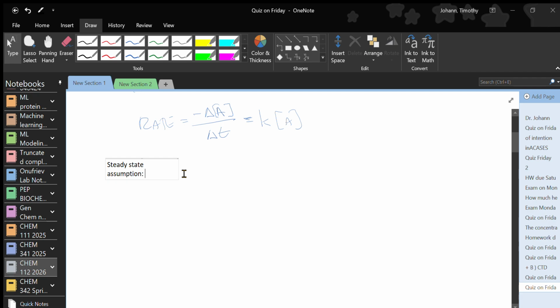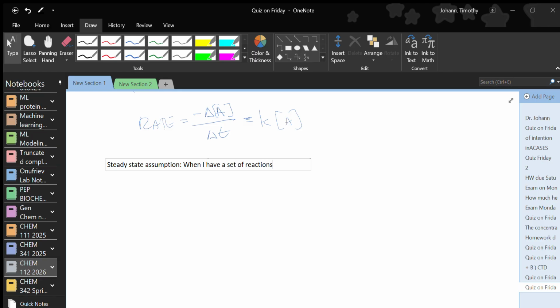And what it says, when I have a set of reactions where the first step is a fast equilibrium. Okay, we haven't really used equilibrium much, but it means that it can go both forward and reverse, and it does that fast.